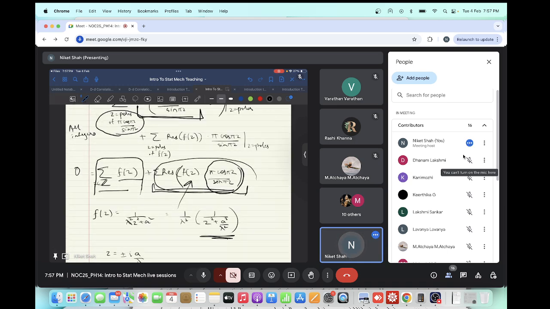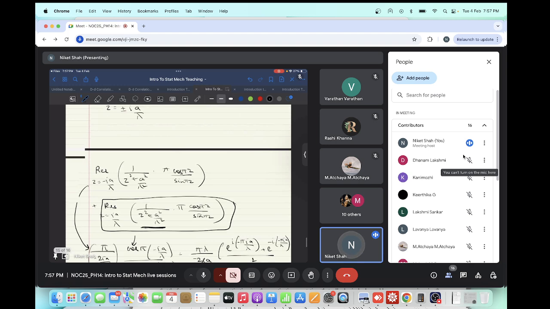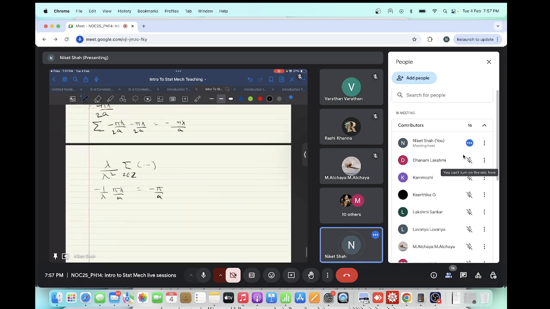This residue yields that. So basically what it's trying to say is sum over f of z, over z belonging to integers, is equal to positive pi by a, because it will go on the other side. So it yields me simply positive pi by a.